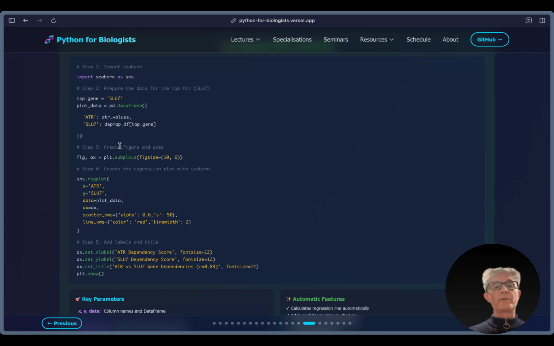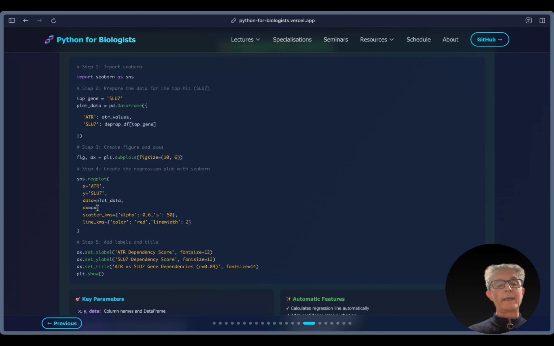But we're importing it as SNS, import seaborn as SNS, and then instead of a matplotlib plot, we're using the SNS regplot, and we're supplying the x and the y data and then the entire data set. So it will find the ATR and the SLU7 data in there.